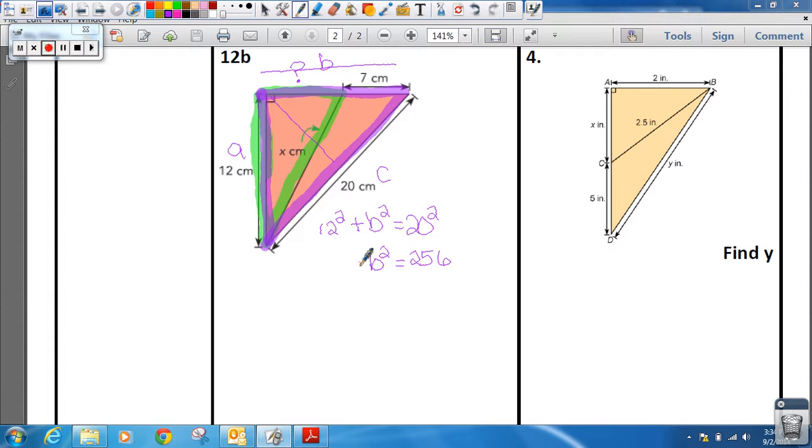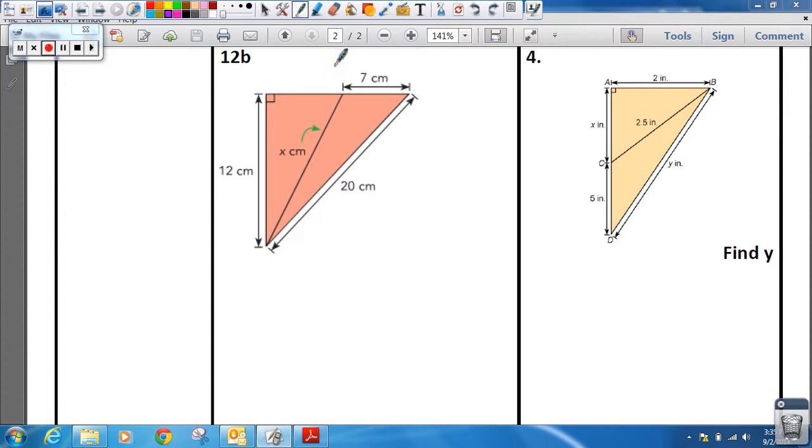The opposite of squaring something is to take the square root. And I'm left with B equals 16. So I know the total length here is 16. Well, all I care about is this part from here to here. So 16 minus 7 gives me 9. So the part that I care about is that this from here to here was 9.